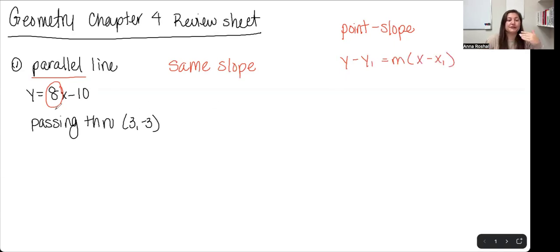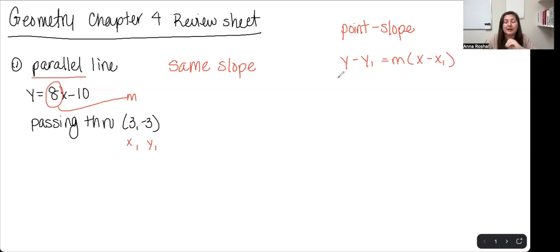So, for example, I know that that's my slope, and I know that this is my point, x1 and y1. So, all I'm going to do is replace these three numbers in this equation and then solve for y to get my b.